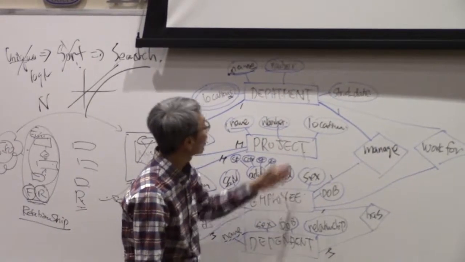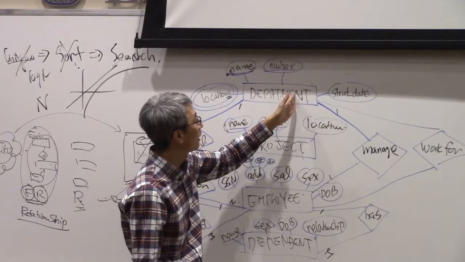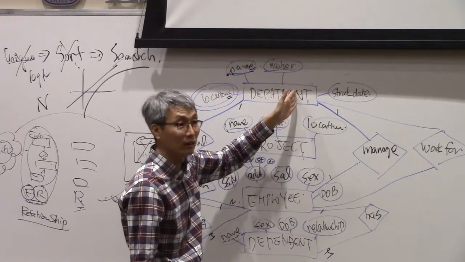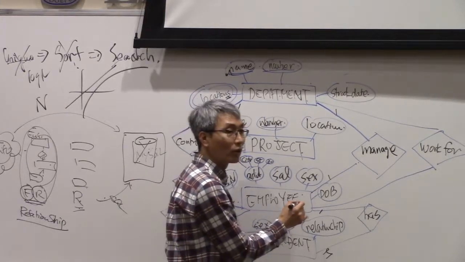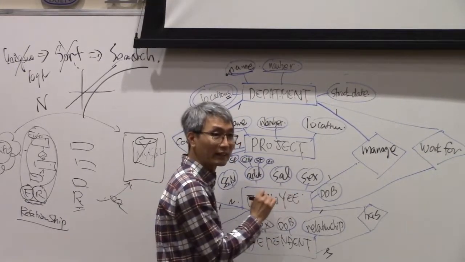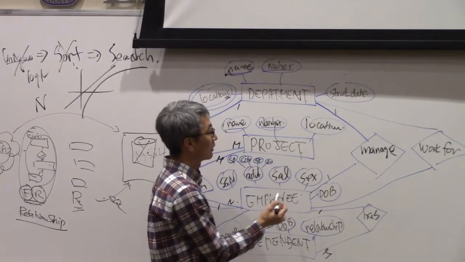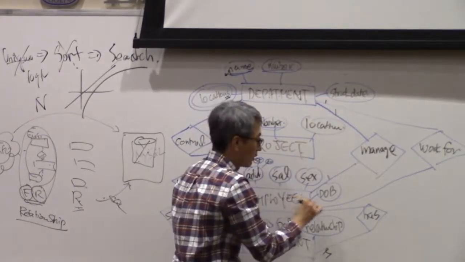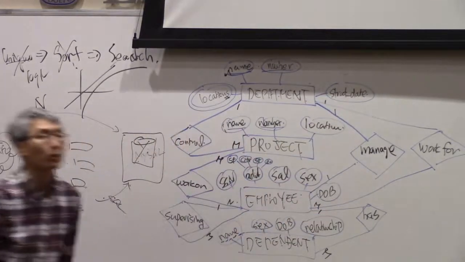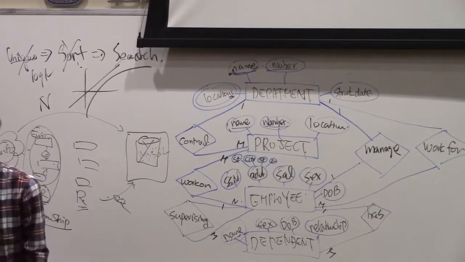One employee works for one department, and a department has many employees. So it's many to 1, or 1 to many. Which one is the one side? Department. One department, many employees. Okay. So this is the 1 to 1, 1 to many, many to many cardinality.